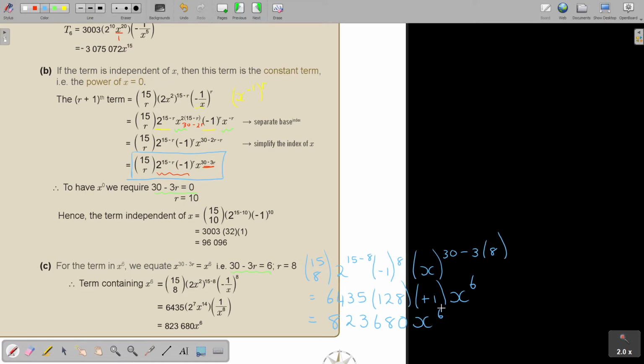The only reason I think why you will rather go to the original is maybe you made a mistake here and you continue with your mistake. So then this method will then be safer. But if you worked with this one, you will arrive at the same answer. Just keep it in mind.